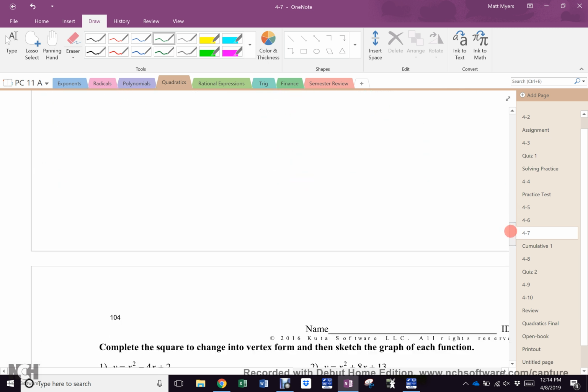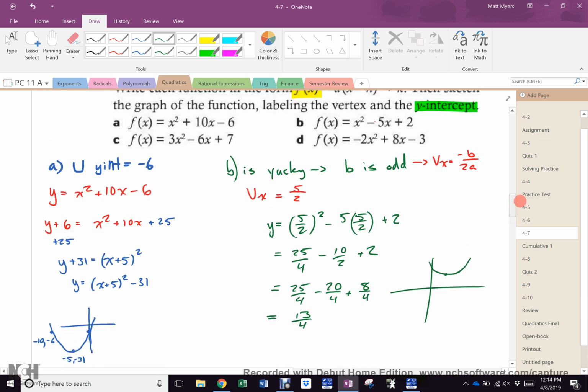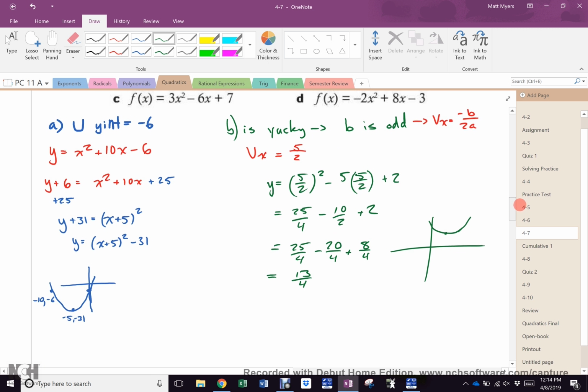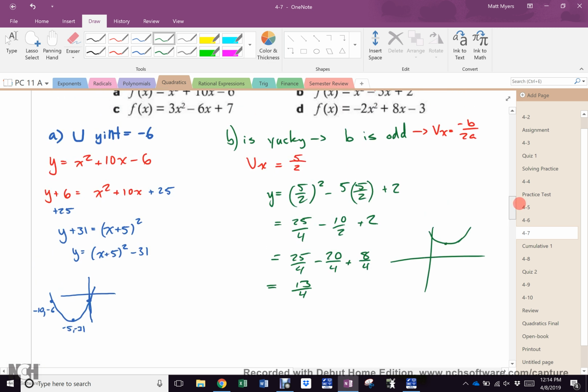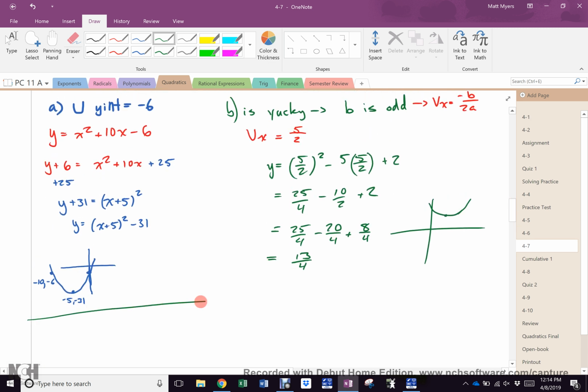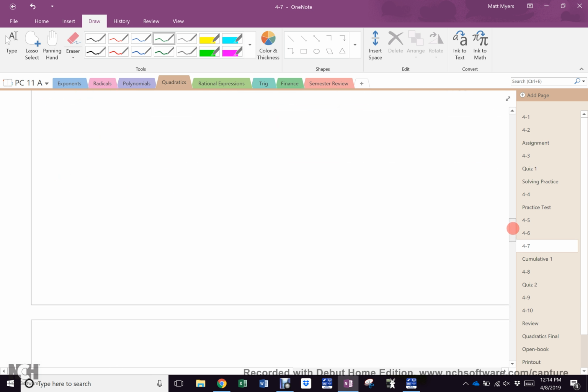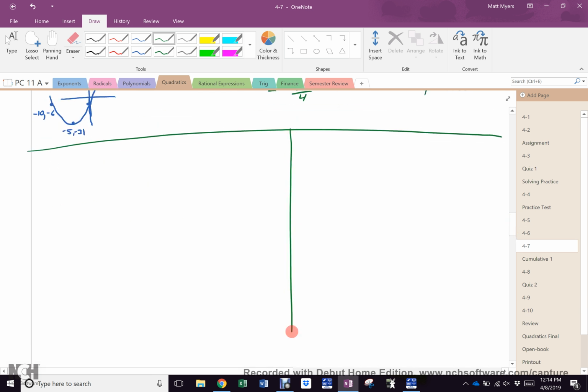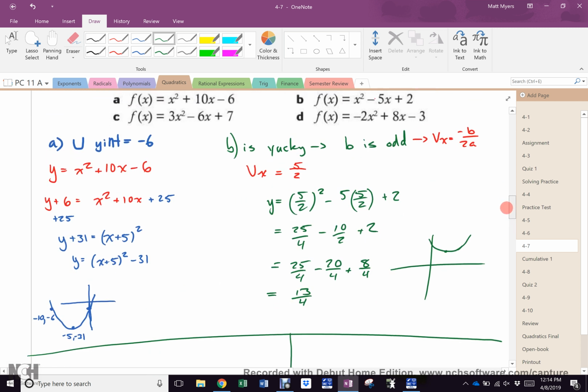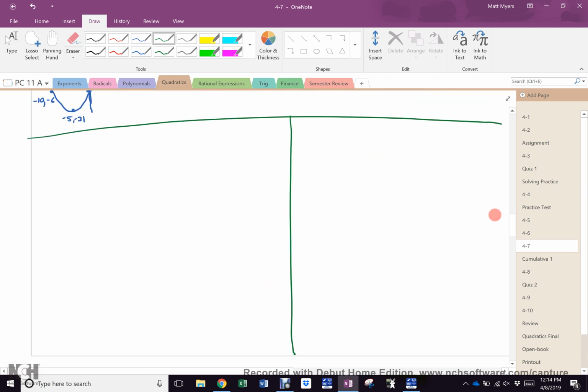I would like for you people, let's do C and D together. So, what do we know about C? I'm going to rewrite it down here so I can see it. 3x squared minus 6x plus 7. Is this a decent candidate for completing the square?